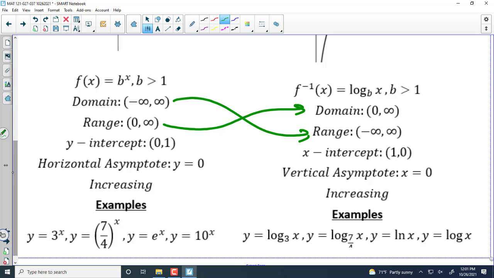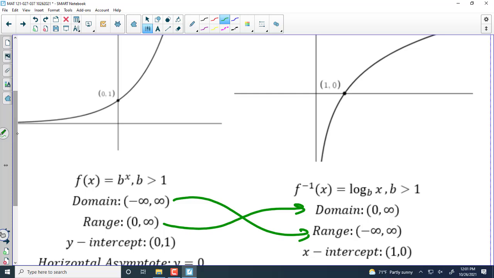The y-intercept becomes an x-intercept because every ordered pair is swapped. The horizontal asymptote becomes a vertical asymptote. Over here, what was a horizontal asymptote of y equals 0 is a vertical asymptote of x equals 0 over here. What was a y-intercept becomes an x-intercept over here.